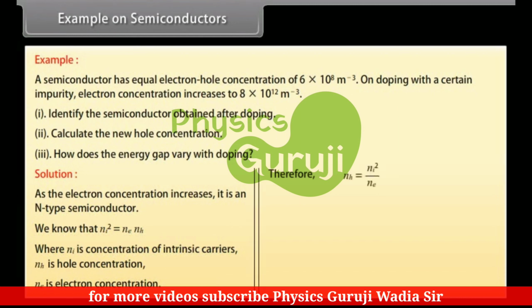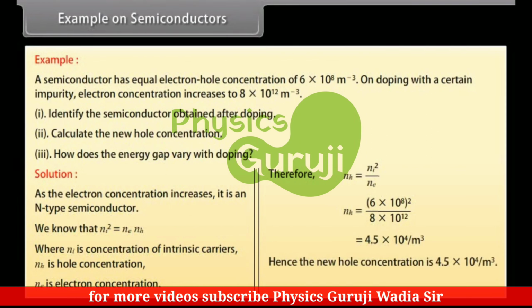Therefore, NH is equal to Ni square divided by Ne. On putting the values, we get NH is equal to 4.5 into 10 raised to the power 4 per meter cube. Hence, the new hole concentration is 4.5 into 10 raised to the power 4 per meter cube. With the doping, the energy gap decreases.